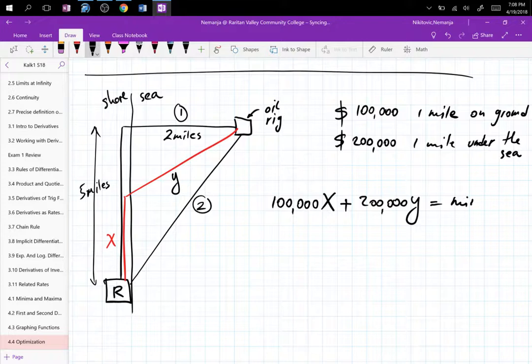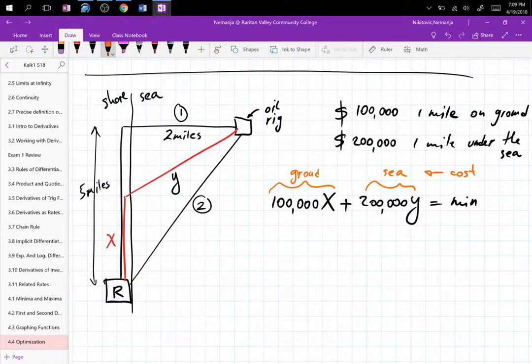I want to minimize the cost of the pipe, price of the pipe. So this part is ground, this part is sea, and both of those are cost, and I want to minimize the cost. So that's that. So there's your objective equation.